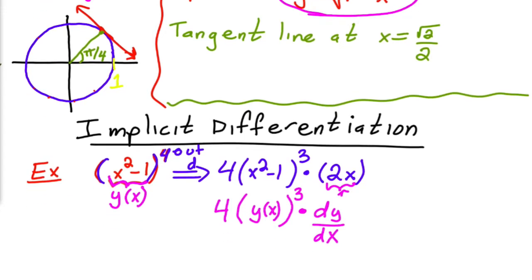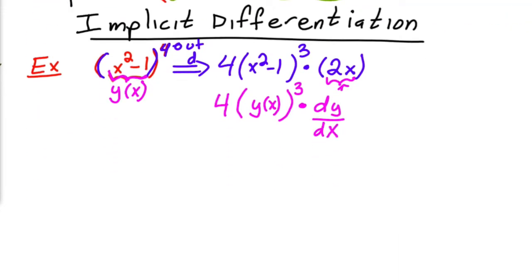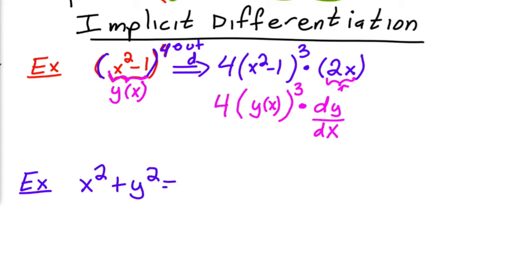Okay, so let me go through the process of implicit differentiation. So let's say, for example, you have x squared plus y squared equals 1.